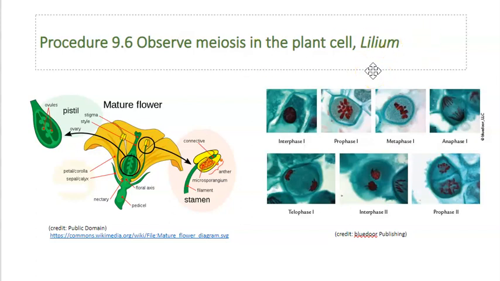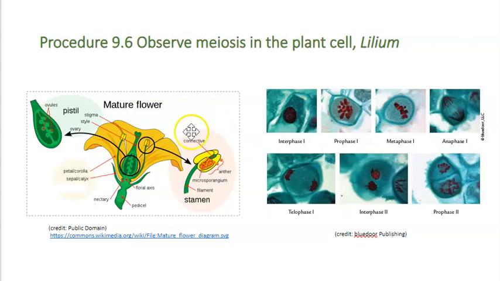Most flowering plants have the ability to produce both male and female gametes. The production of these gametes through meiosis takes place in different parts of flowering plants. So the carpel is sort of the female part. The stamen is the male part, where the male gametes would be formed.